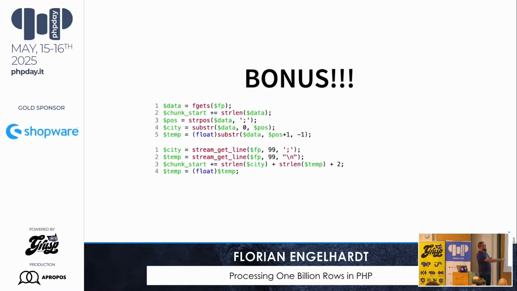We can say it should stop at the semicolon and give this back into city, and then a second stream_get_line call, which should stop at the carriage return line feed and give us the temperature. Then we have to do the string length dance again, but the string lengths are stored with the string in PHP, so that's simple, and then do the conversion to the floating point temperature.